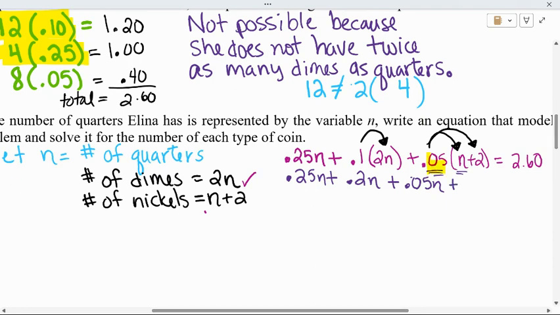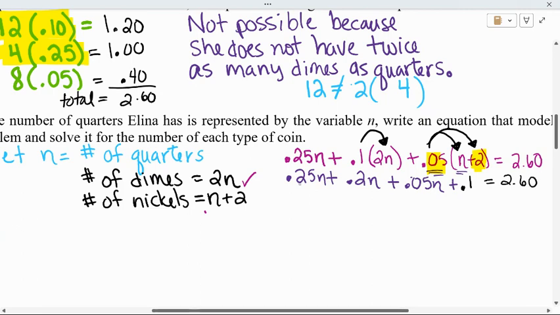We're taking 0.05 times 2. Use your calculator. That's 0.1, right? 10 cents? Yep, perfect. Equals $2.60.